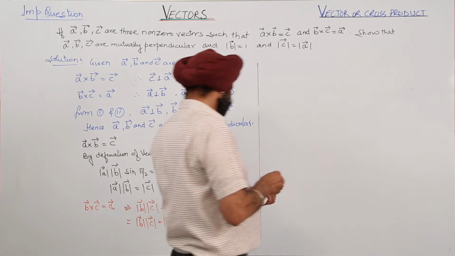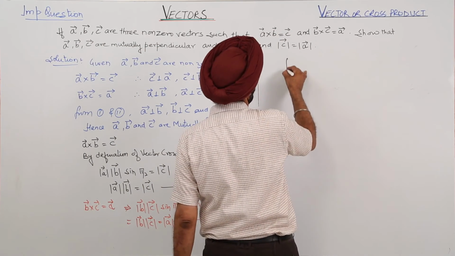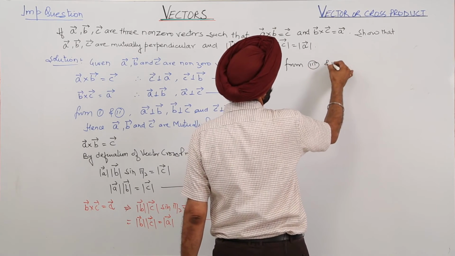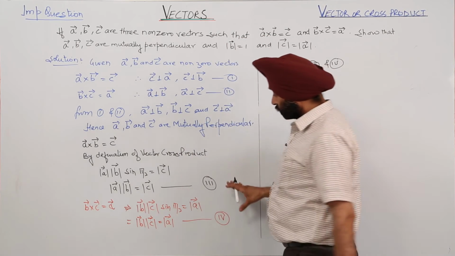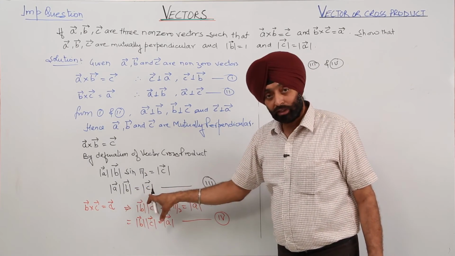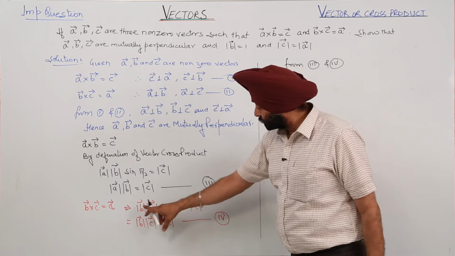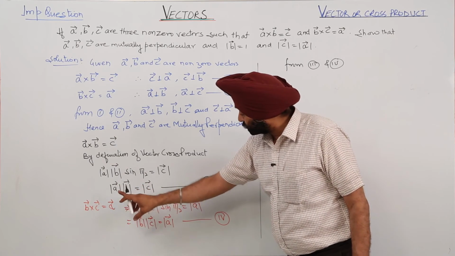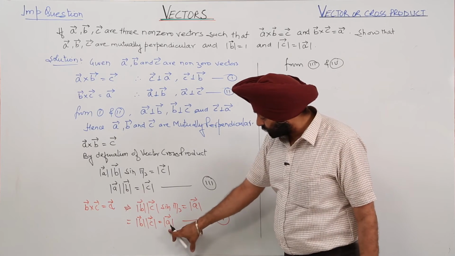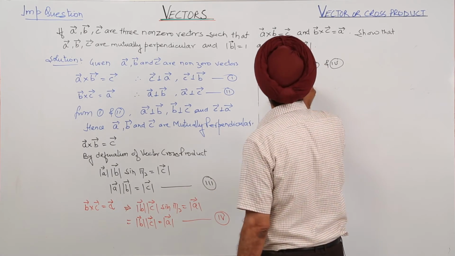Now, from 3 and 4, third was magnitude of vector A, magnitude of vector B is equal to magnitude of vector C. Now in place of magnitude of vector A, we are going to put this result. So what are we getting?